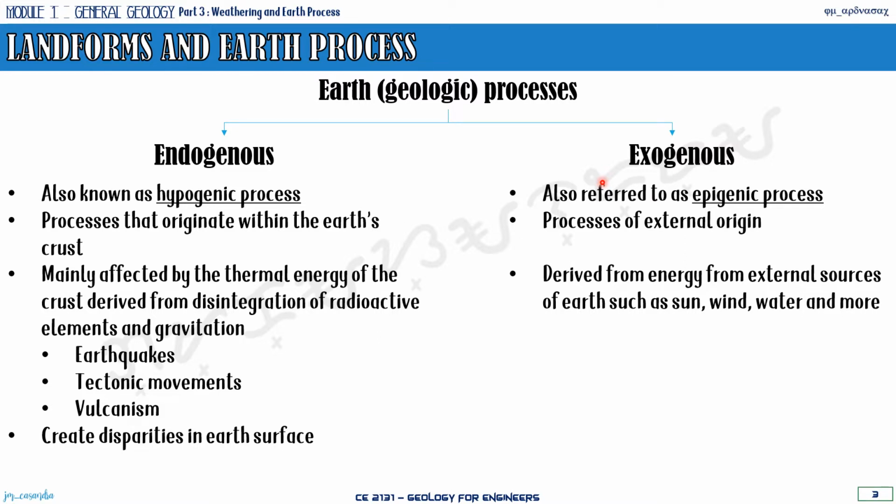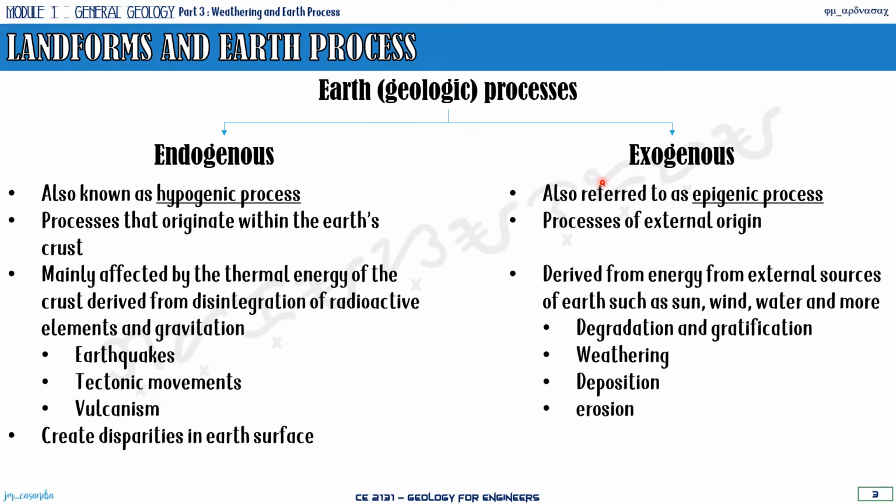So exogenous process would include degradation and aggradation of the earth or of the soil. This would also include weathering, deposition, and erosion. If endogenous processes create disparities or develop new forms, exogenous processes eliminate inequalities in the Earth's surface.